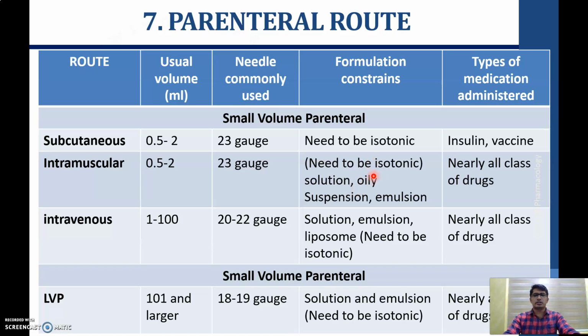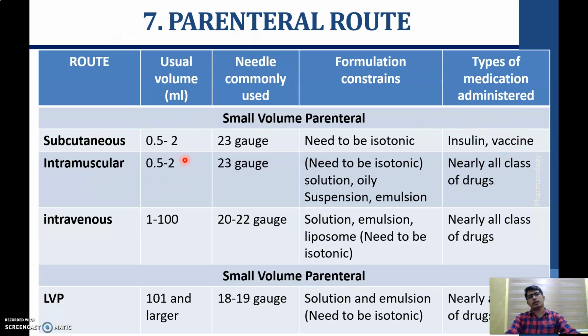So that is the problem with isotonicity. Every injection should be isotonic with blood, which means it should have the same osmotic pressure as the blood, and it can be adjusted with 0.9% sodium chloride solution. Examples of subcutaneous injections are insulin and vaccines.